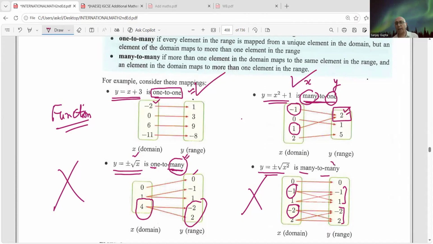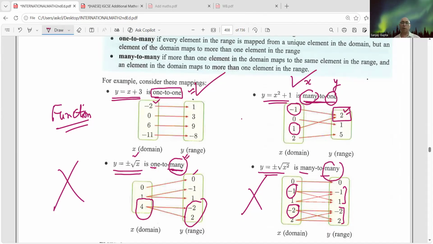That means x values should not be mapped to many y values. That is called a function. It can be a one-to-one function. That means for every x, I have a different y. Or it could be that for two different x, I have one y. Y cannot be more than one value, whether x is same or x is different. Then it is called a function.